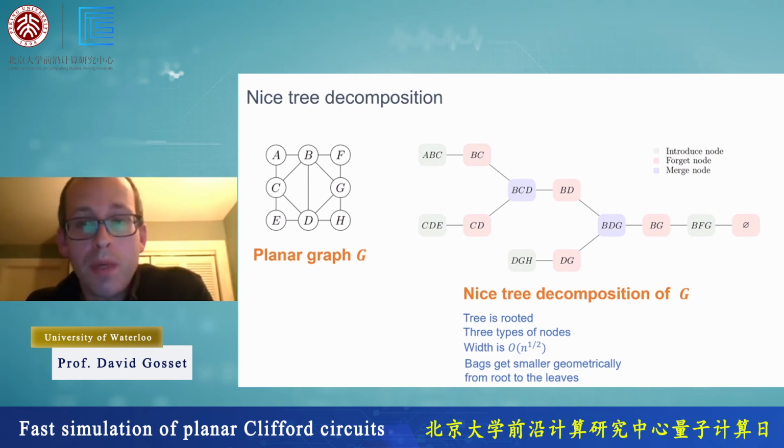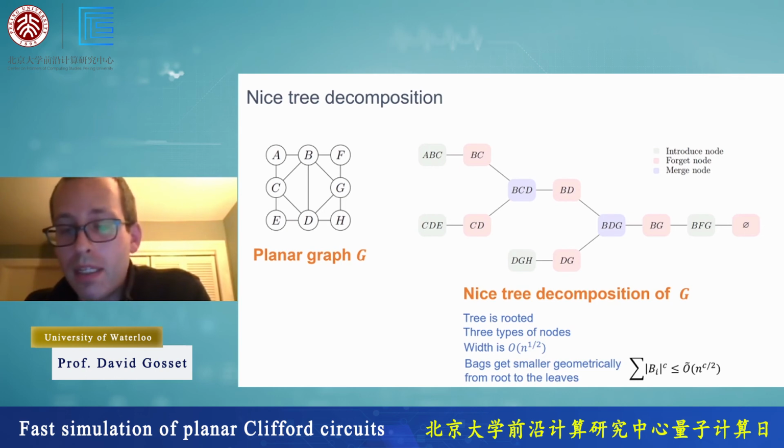The quantitative version of this statement, which we will use, is that the sum of the bag sizes to some power c is upper bounded by n to the c over 2. You can think of the largest bag, which has size roughly root n, as dominating. So that's a nice tree decomposition of a planar graph, and we can compute these in linear time.